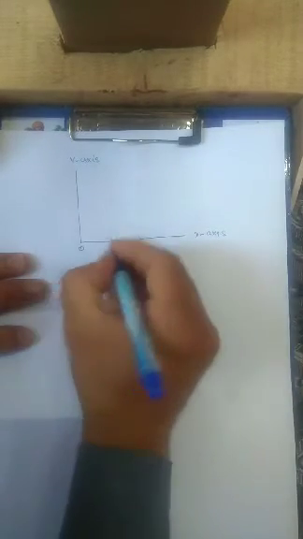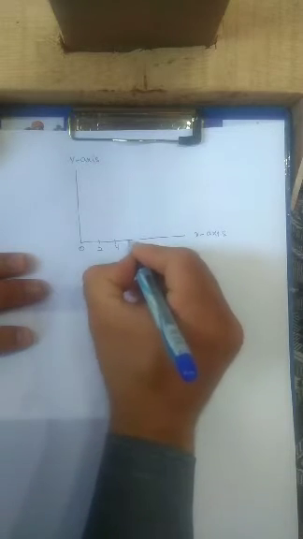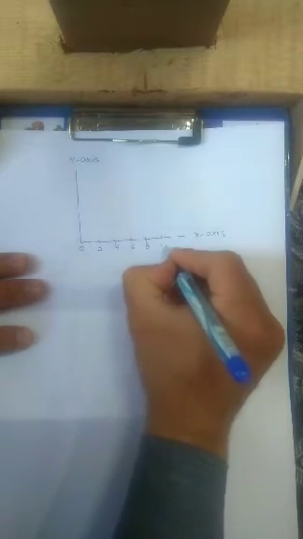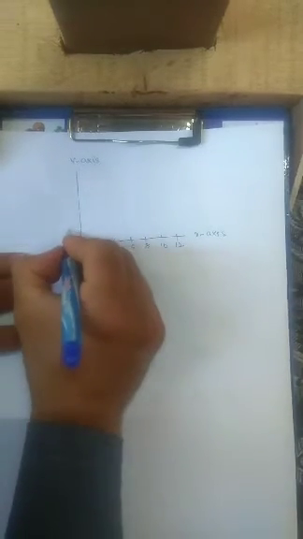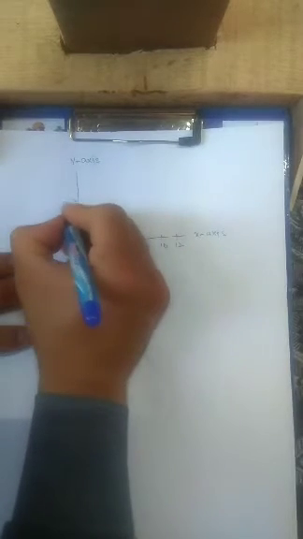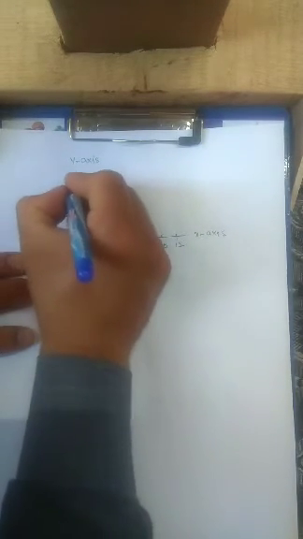Origin 0. Say for example it's 2, 4, 6, 8, 10, 12. Similarly from this, distance 10 kilometers, 20, 30, 40 and 50.